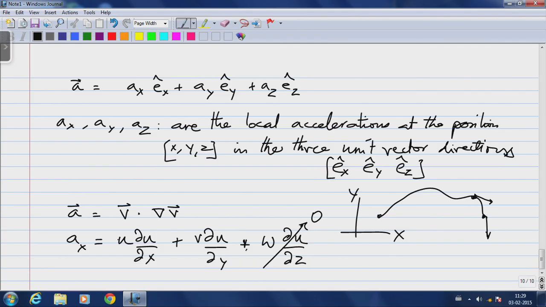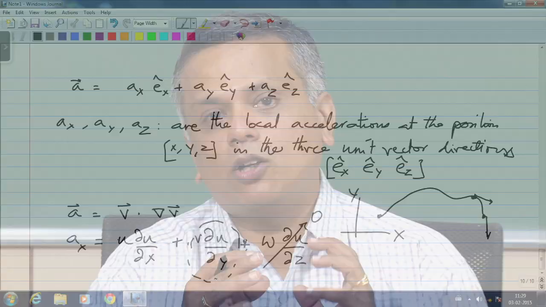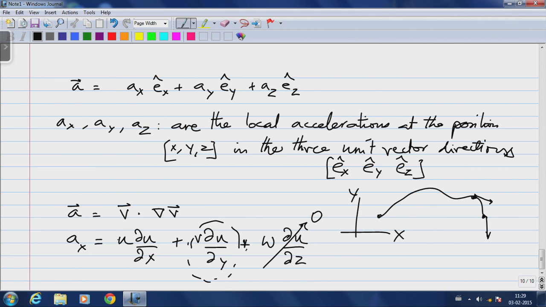Okay, so, dou u dou y, which is this term here, is responsible for it. This is kind of the origin of what we talk about as centripetal force or centripetal acceleration. So this is one simple way to think of motion in one direction, or rate of change of the motion in the y direction, causing an acceleration perpendicular to that coordinate direction.